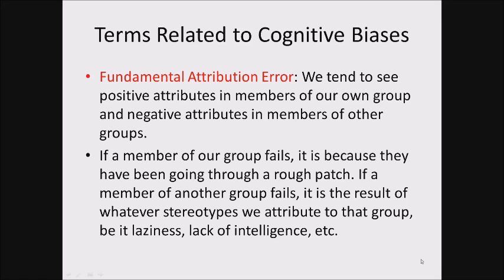Whereas if a member of another group that is not part of us fails the course, we might attribute it to whatever stereotypes we have in mind for that other group. For example, maybe they're failing because they're lazy and you expect them to fail, or they're lacking intelligence, or whatever attribute that we assign to that.